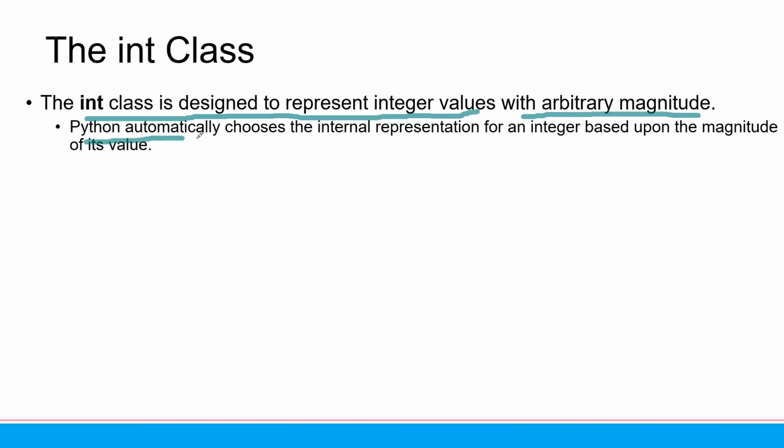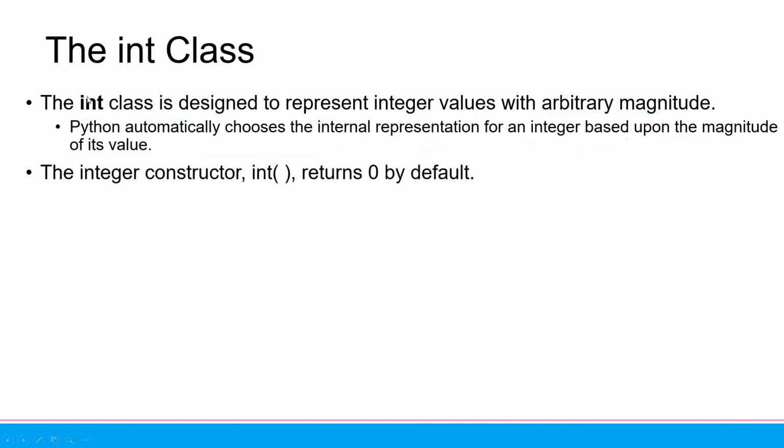Python automatically chooses the internal representation for an integer based upon the magnitude of its value. Let's say I have int() with blank. It will return 0 by default.